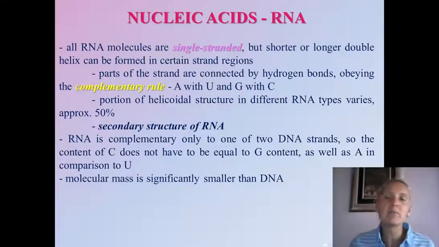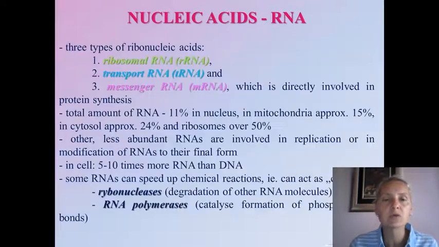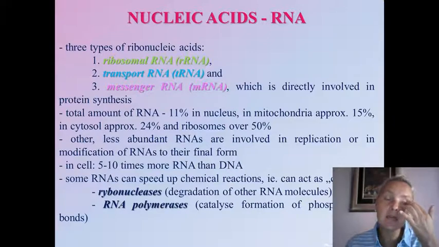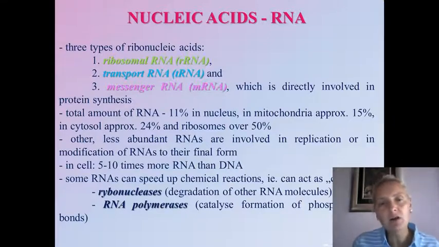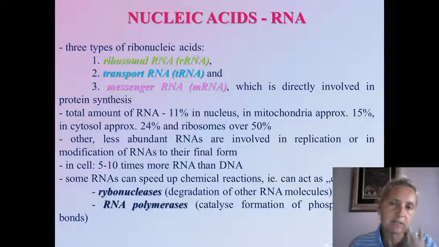They can be smaller or larger depending on the type of RNA and its future role in protein synthesis. Basically, there are three types of ribonucleic acids: ribosomal RNA, abbreviated rRNA, transport RNA, tRNA, and messenger RNA, mRNA, and they are directly involved in protein synthesis.